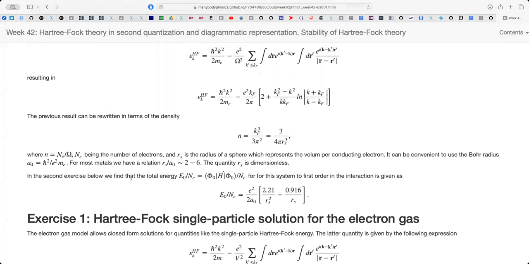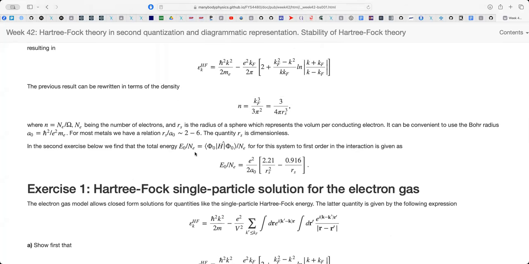Now, what we are going to look at next is the calculation of the quantity which you see here, where you now can rephrase the expectation value of the ground state divided by the number of particles. So that's the energy per particle. You can rewrite that in terms of an analytical expression. And that's also something which is pretty unique. And this result, which you see here, both for the single particle energies and the Hartree-Fock expectation value for the ground state, is something which you then can compare with experimental data.